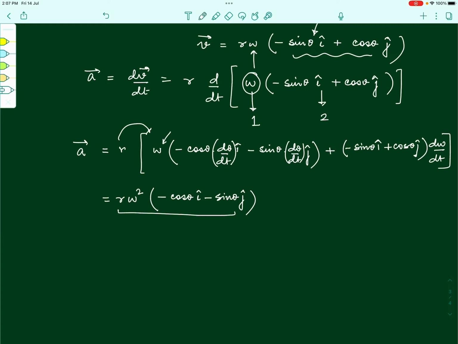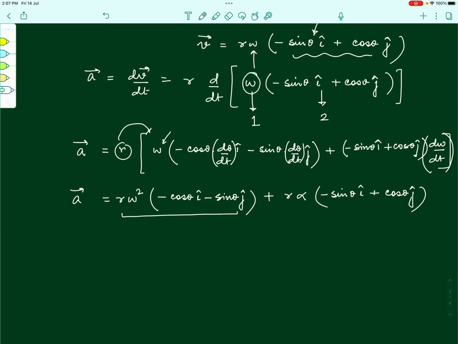This term is nothing but the centripetal acceleration. Plus this time we have another term. So when we take r inside, and this d omega by dt becomes alpha, we will have r alpha into minus sine theta i cap plus cos theta j cap. So if we look at this whole expression, we see that it consists of two terms.